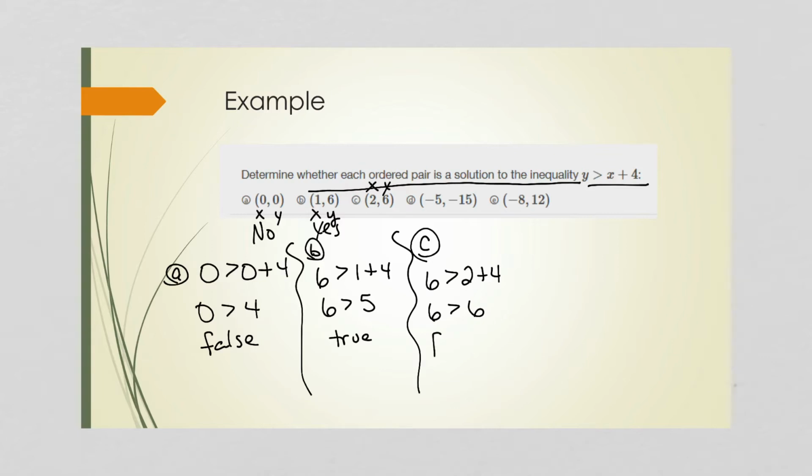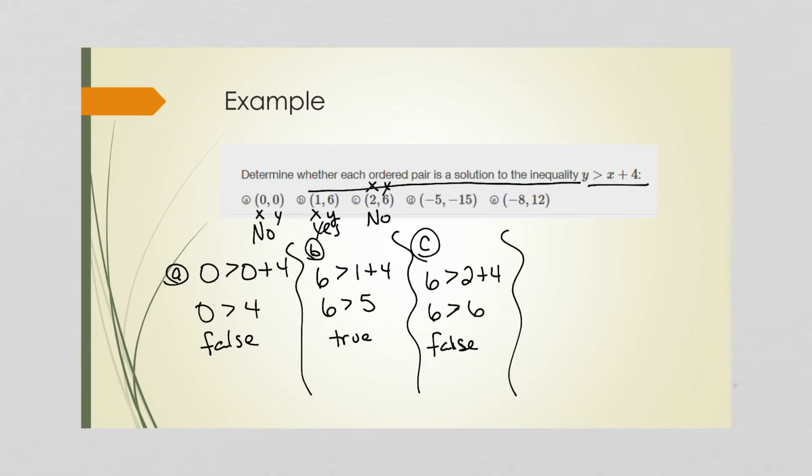No, that's false. If it had the equal to symbol underneath, then that would be true, because that's greater than or equal to. But in this case, it doesn't have that. So this is false because 6 is not greater than 6. 6 is actually equal to 6. So I would say no here.